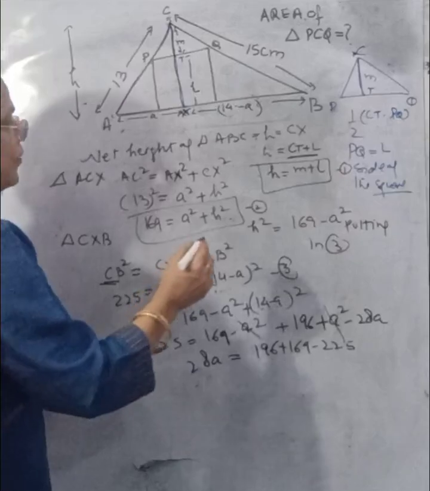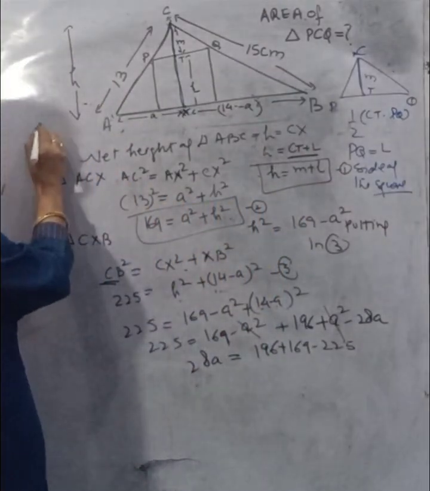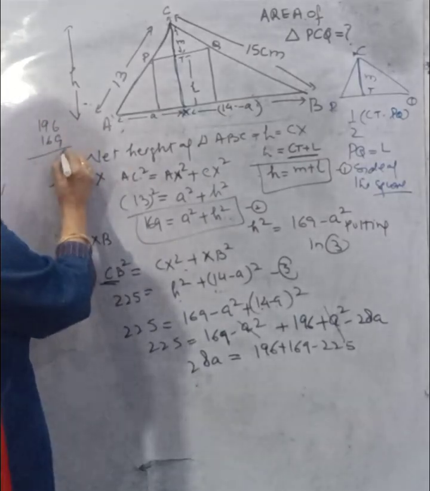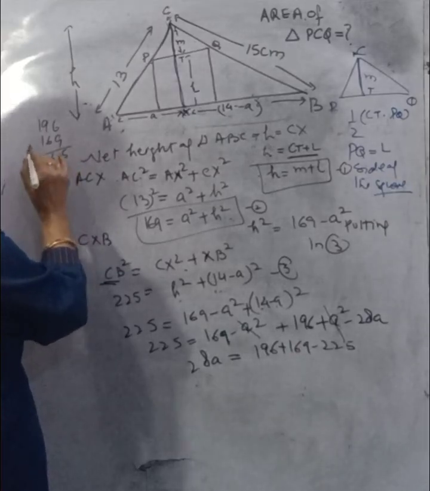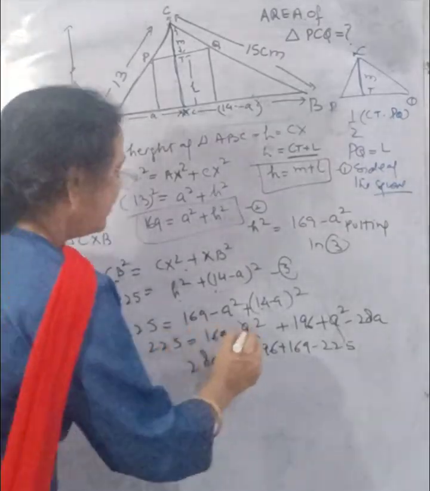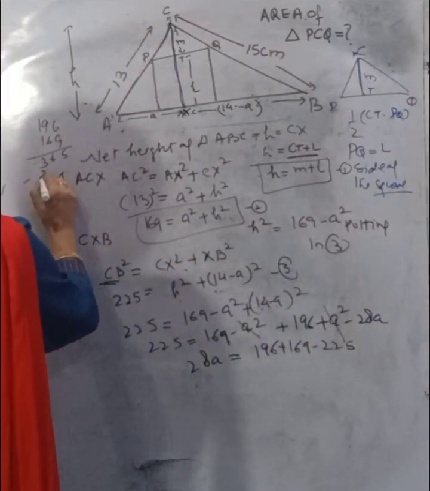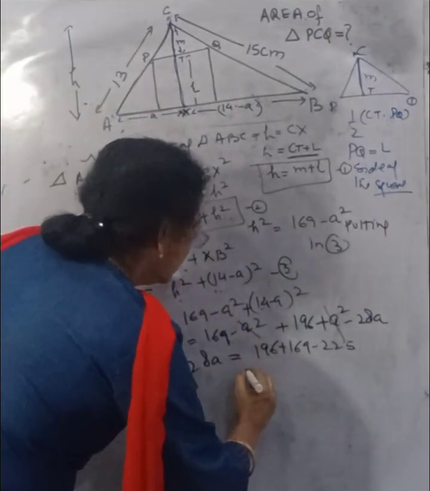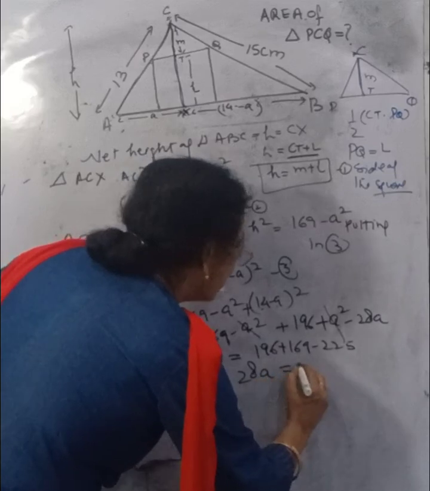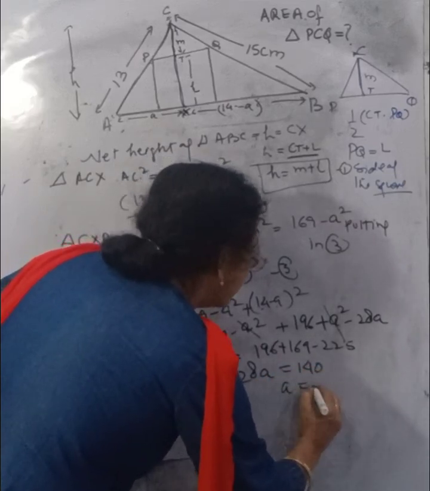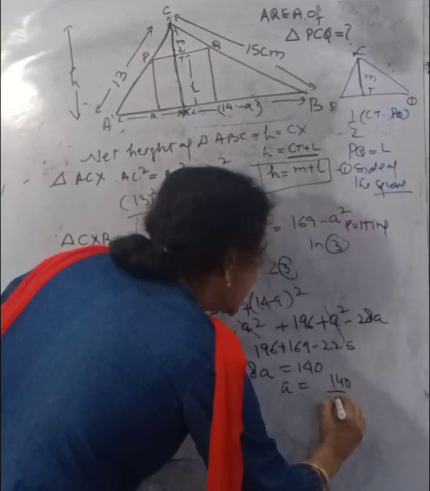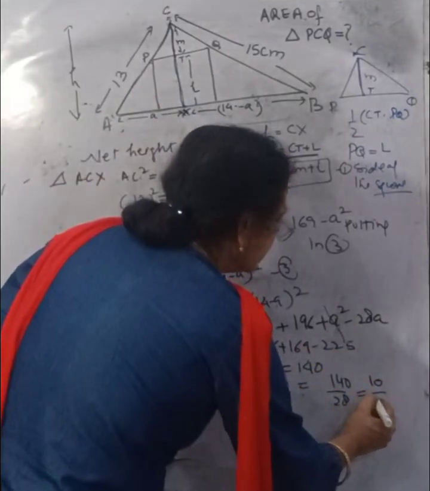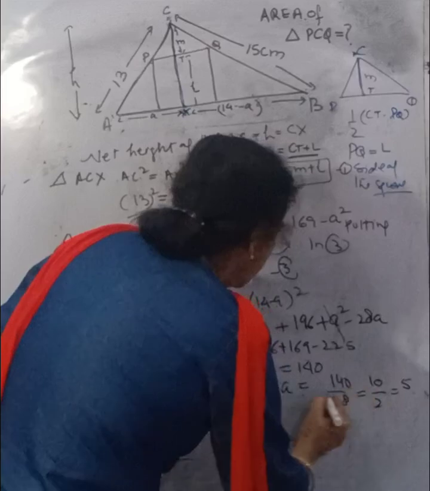The addition of 196 and 169 is 365, and 365 minus 225 is 140. Then 28A is equal to 140, so A will be equal to 140 upon 28, which is 5.